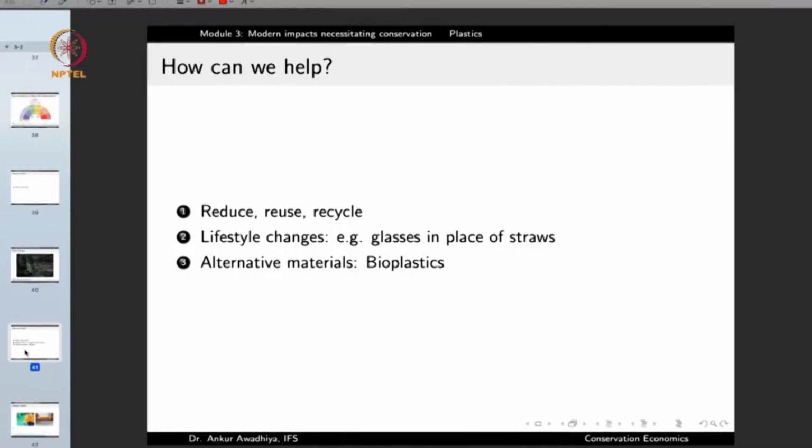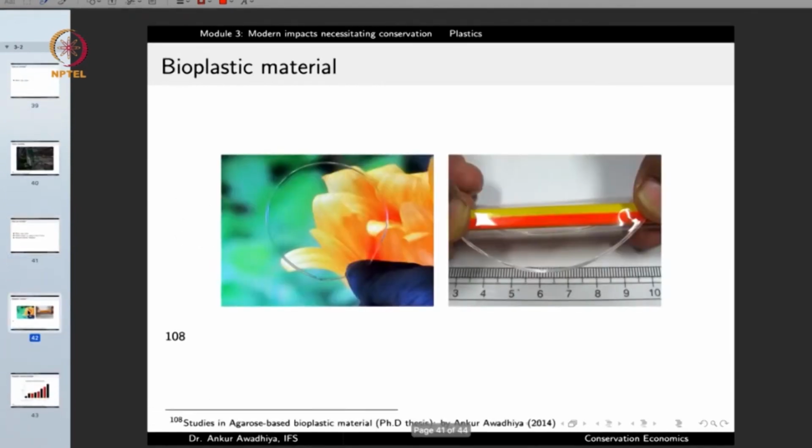Or we can induce people to go for lifestyle changes, use glasses in place of straws, or go for alternative materials such as bioplastics. So these days we also have biodegradable plastics that are made from natural products. They have very similar properties. So like this film of the bioplastic, it is completely transparent. It is flexible.